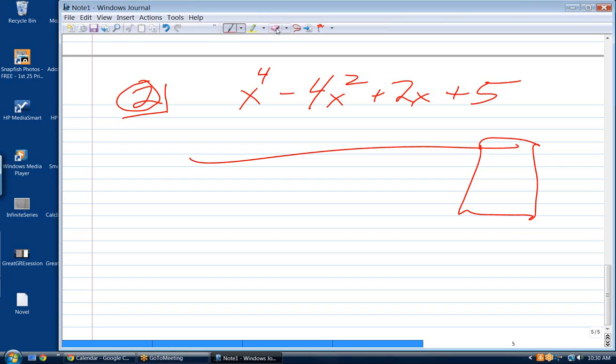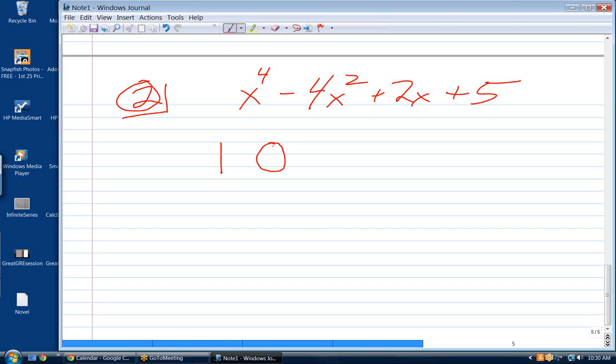This one might be worth looking at just briefly because it's unusual, because it's missing the x cubed term. So if I'm going to do synthetic division here, across the top is going to be 1, a dummy 0 for the x cubed, minus 4 for the x squared, 2 for the x, 5 for the constant.